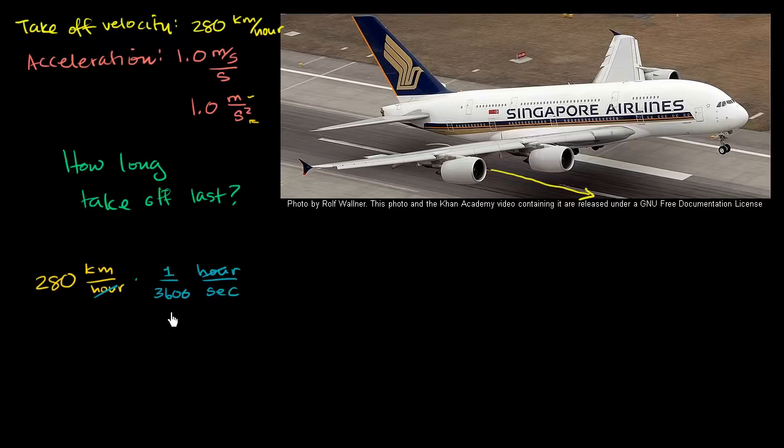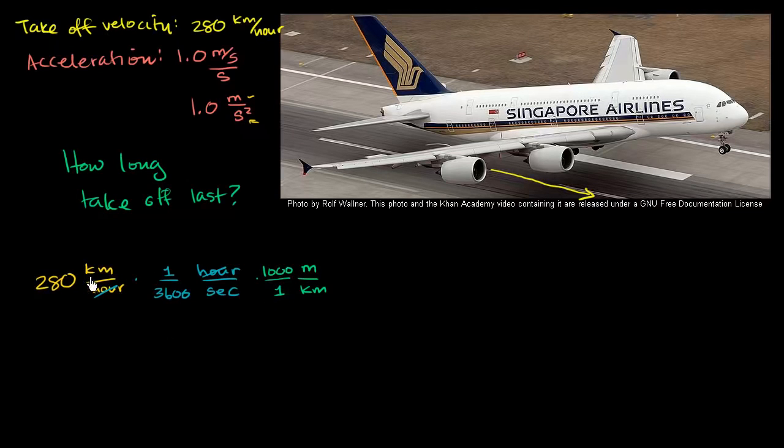But I want to do all my math at once. So let's also do the conversion from kilometers to meters. Once again, we have kilometers in the numerator, so we want the kilometers in the denominator now, so it cancels out. And we want meters in the numerator. And what's the smaller unit? It's meters, and we have 1,000 meters for every 1 kilometer.